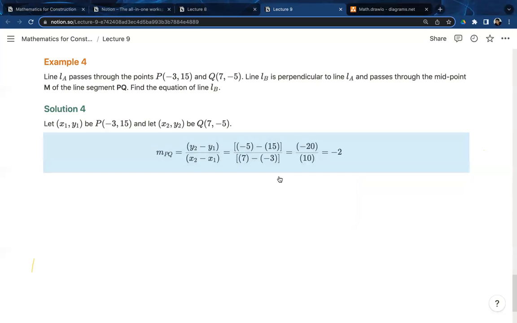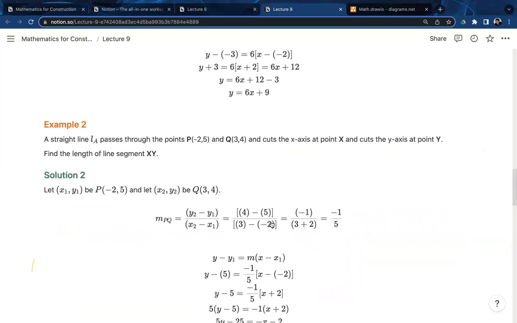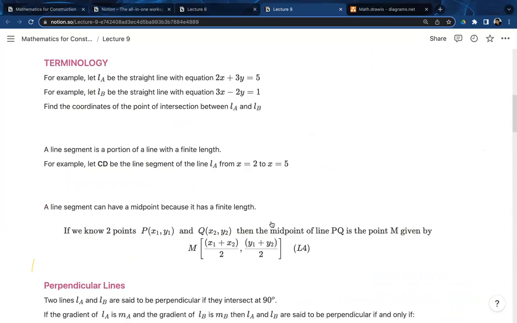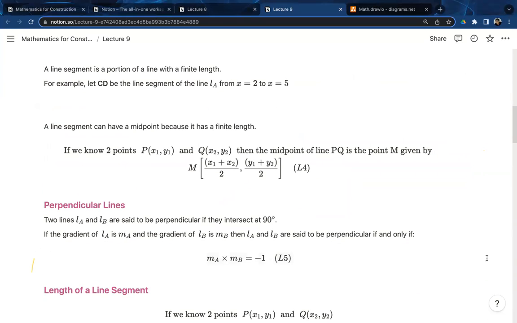Now I need to find the gradient of the perpendicular line.